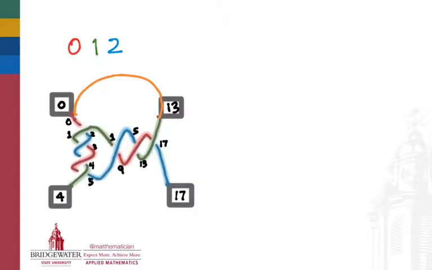And then likewise with the 4 and the 17. If I join those up, I still need to have something which is different. So if I added a new color to make 0 and 13 the same, I would have to add still another new color to make 4 and 17 the same.